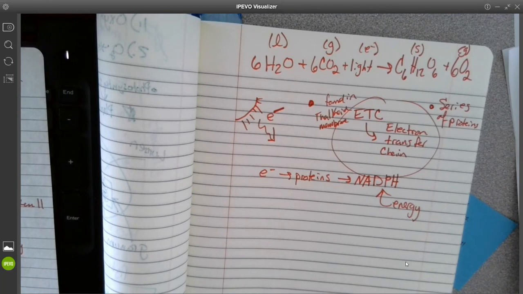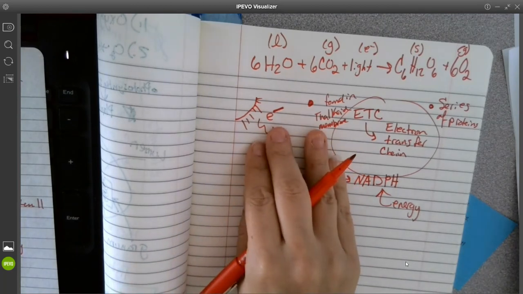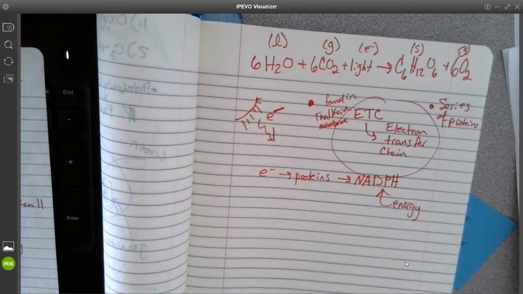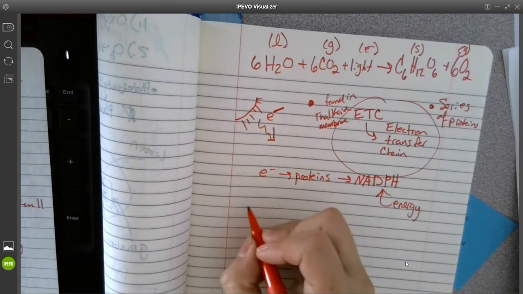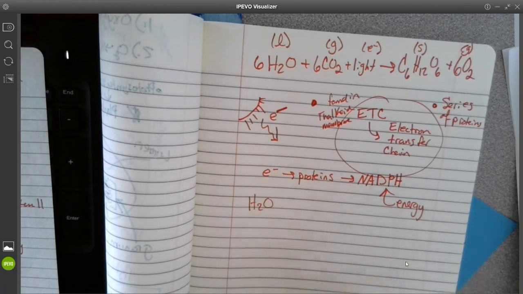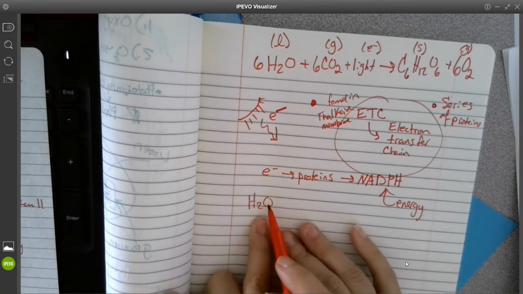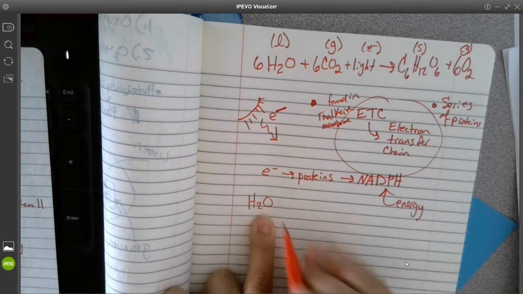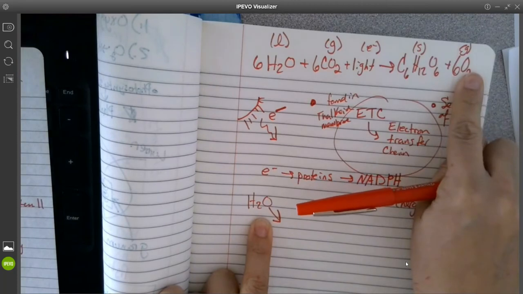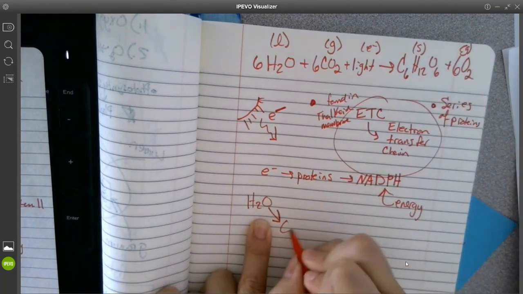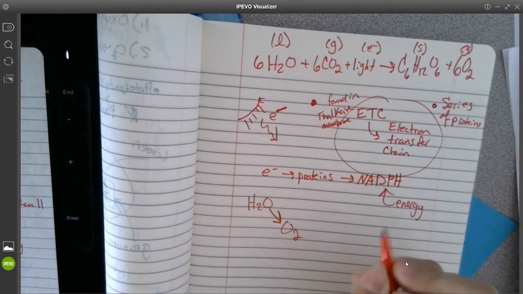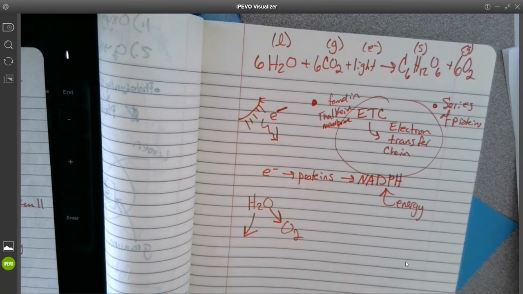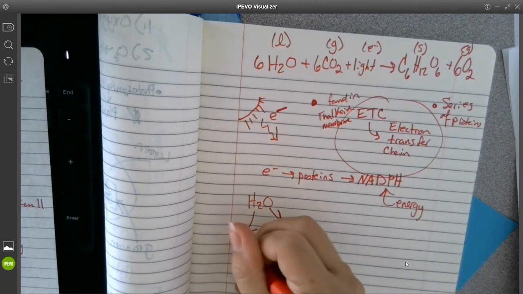Now, where there is a negative charge, there are also positive charges. So if you look at water, water can be separated into two different elements, hydrogen and oxygen. This is where our oxygen does come from. Our oxygen comes from the water. That leaves us with the hydrogen, because the hydrogen doesn't just disappear.